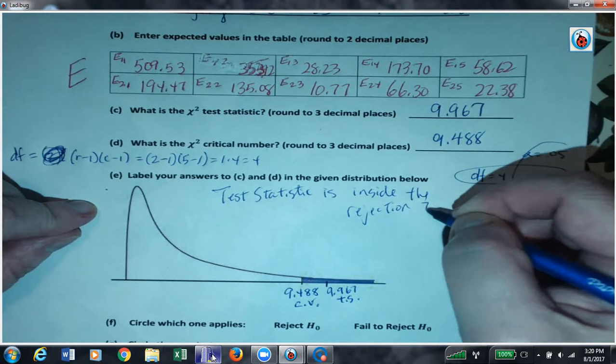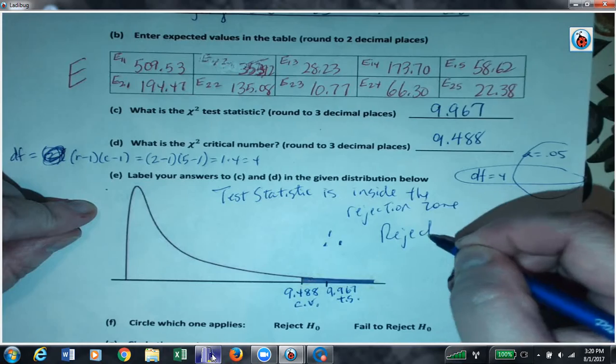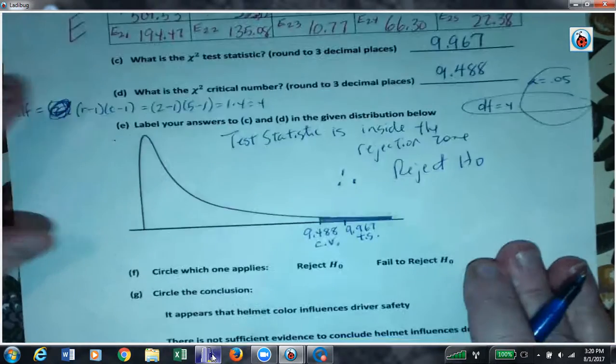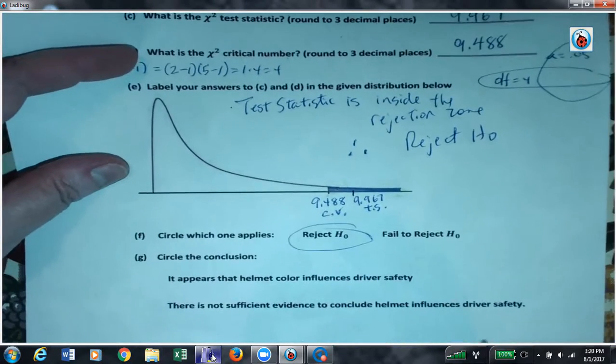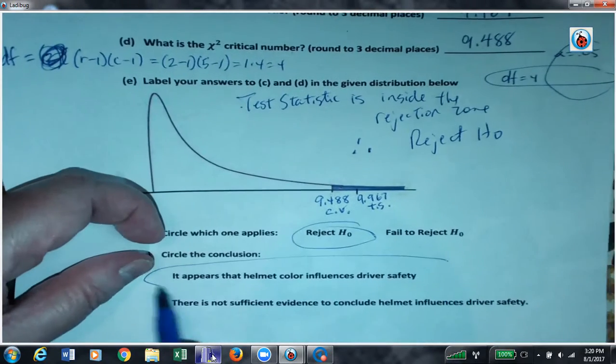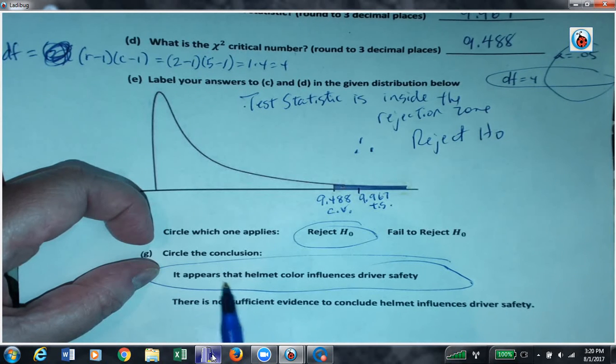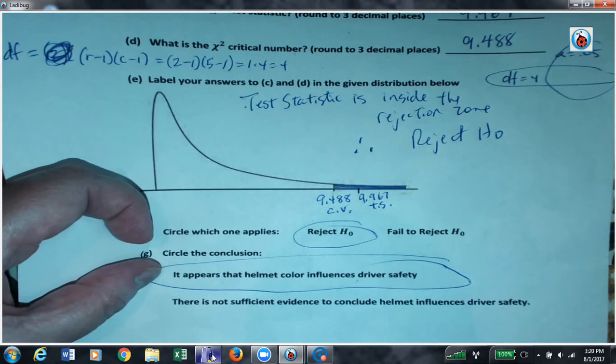And so we reject the null hypothesis. The null hypothesis said there was no relation. And so it does appear that helmet color influences driver safety.